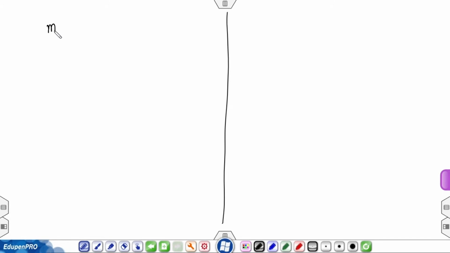Now, the magnetic moment m is equal to πa² I in the z direction.